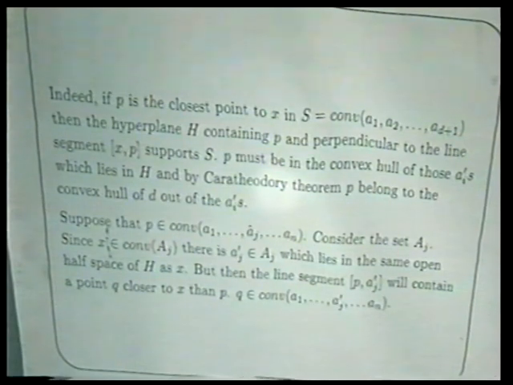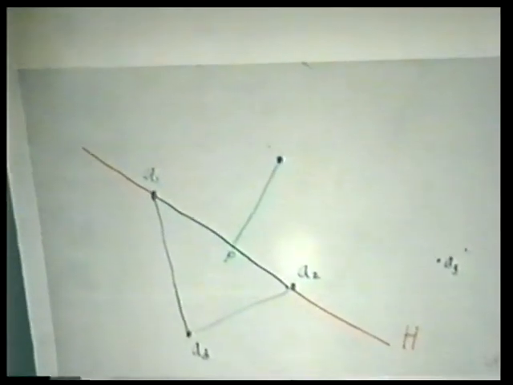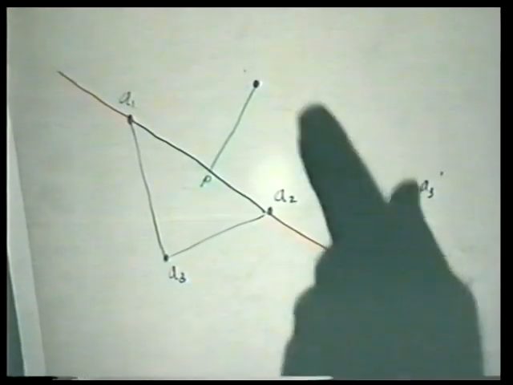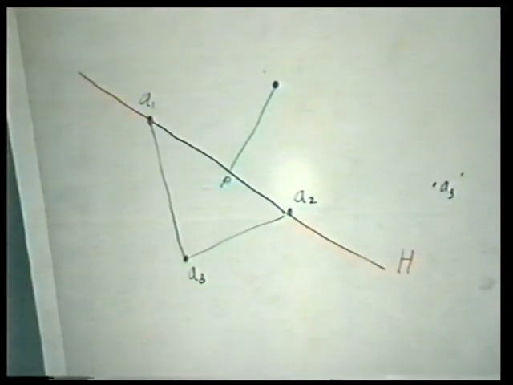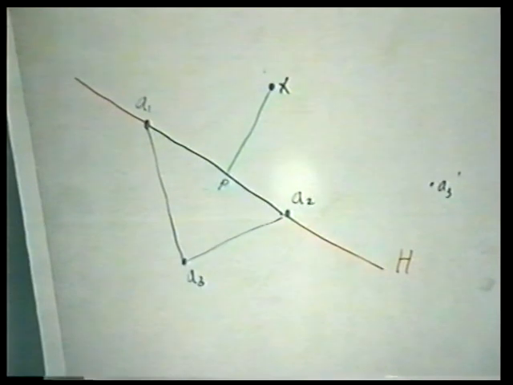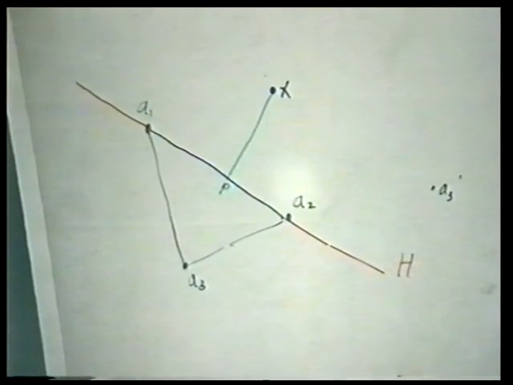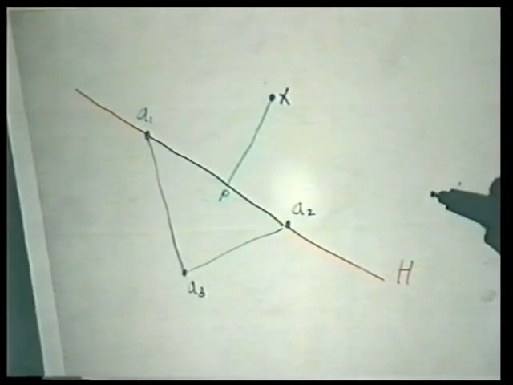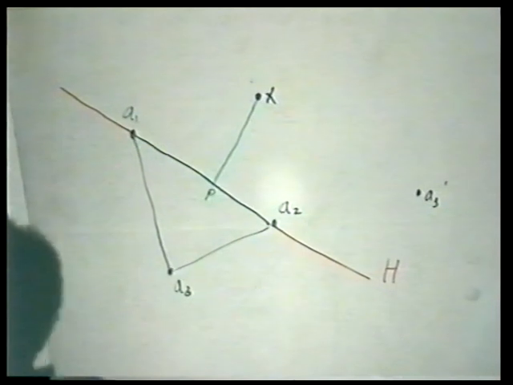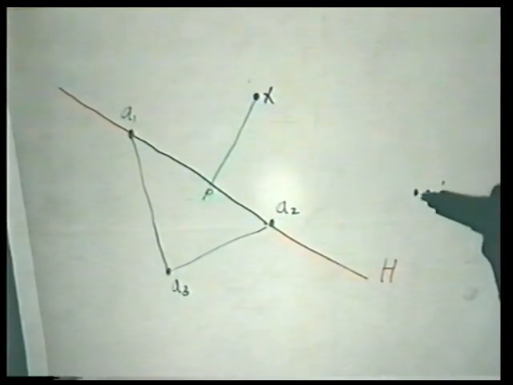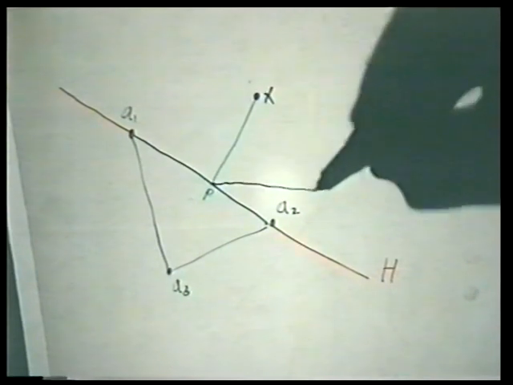This means, look at this picture for me, in this case J is 3, it's impossible that, if X belongs to the convex hull of all the points in big A3, all these points lie in this part of the hyperplane. Therefore, we have some point A3 bar, or Aj bar in this case, which lies in this open half of the hyperplane, and now we can make a shortcut.